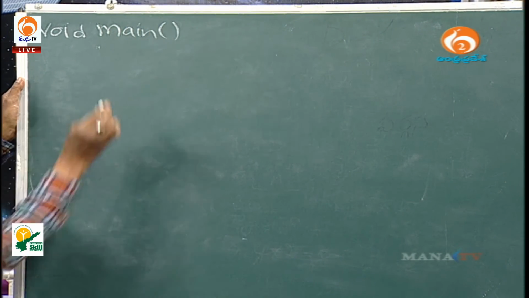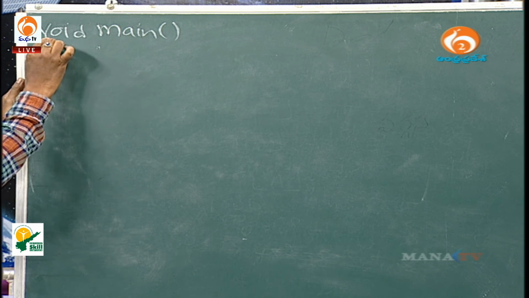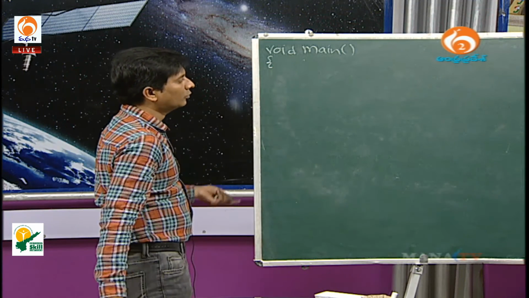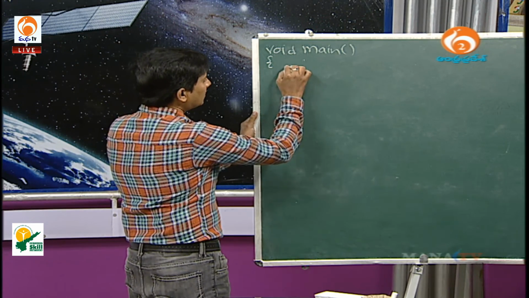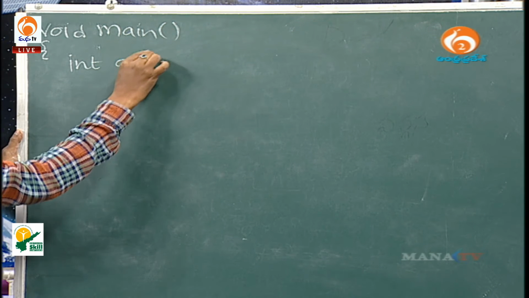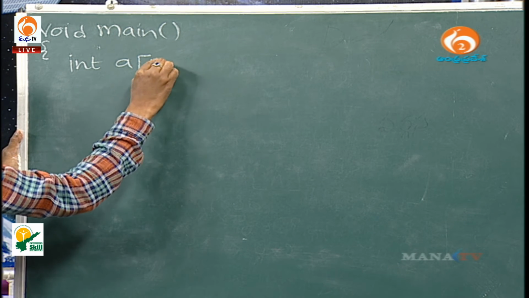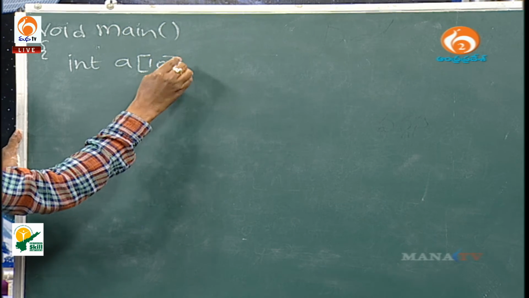Execution starts from the main function. Main is a special user defined function, here void is the return type, I am not returning anything to the operating system. So, first here I am declaring the array A of size 10.